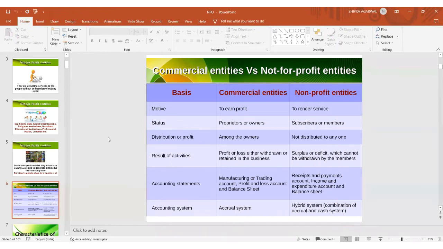Now, when I talk about the difference between the accrual and the cash basis of accounting, accrual accounting is based on the concept of as and when a particular thing becomes due. That means if an expense or an income is due, irrespective of whether it is paid or received or not, then it is to be recorded. Whereas the cash basis of accounting says that you will record a particular thing only if cash is involved. Cash means either a payment is received or a payment is made.